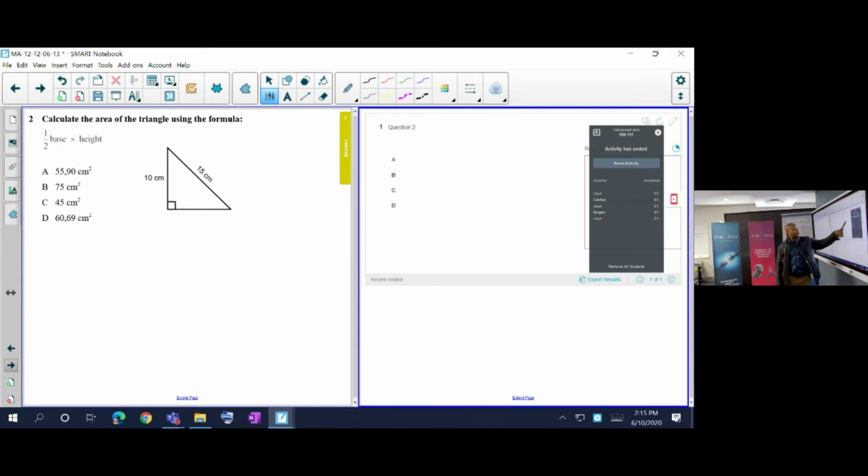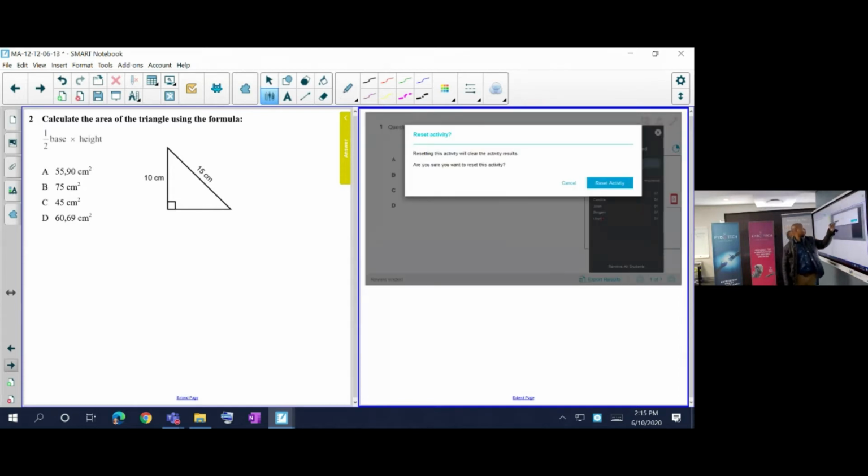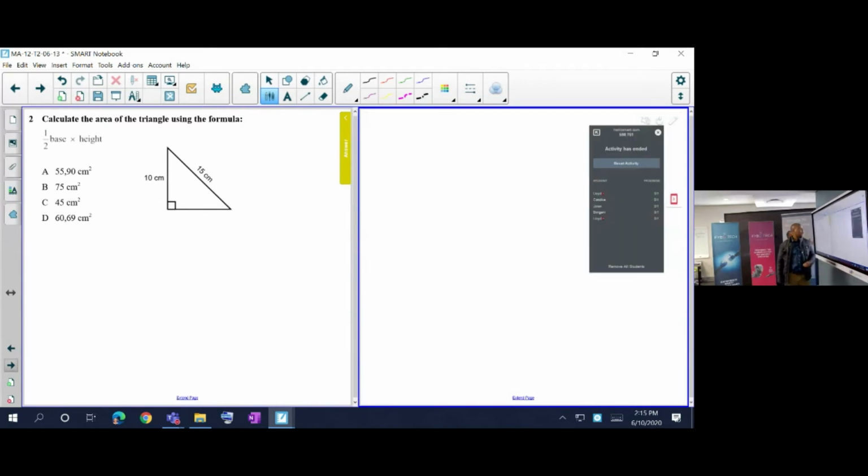Just to check if you are connected. Okay, so let's get you started if you are using your gadget. So again, the question is to simply calculate the area of the given triangle using the formula half base times height.